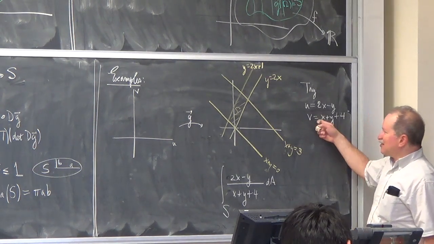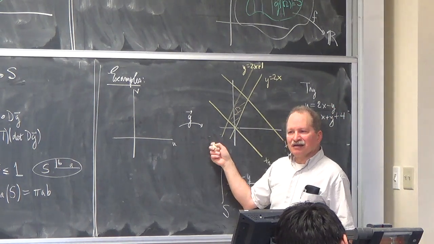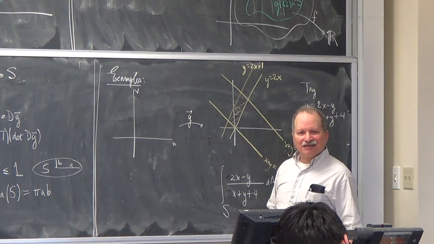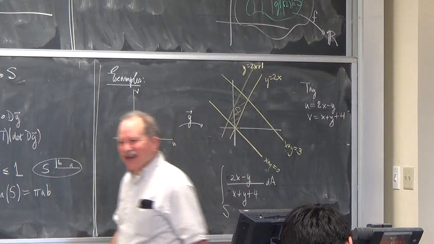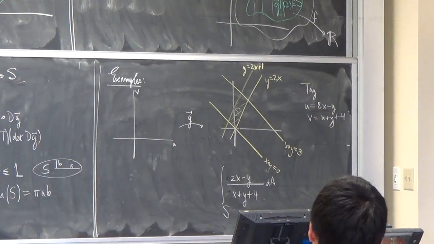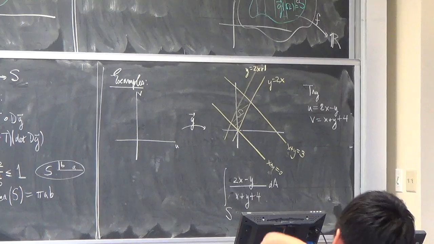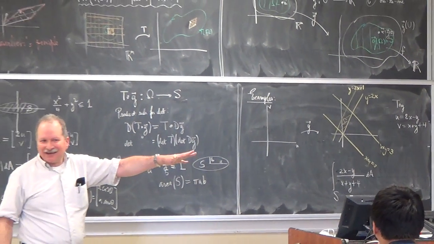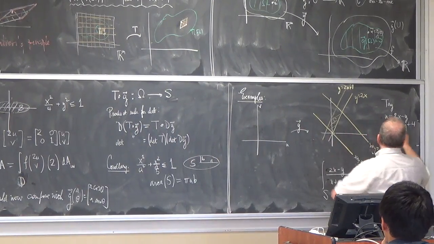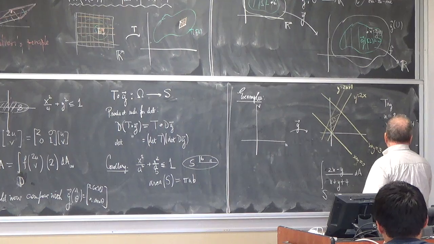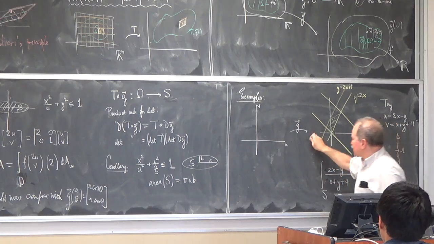But now notice, by making this substitution, am I giving you the mapping from uv to xy? No, I'm going the other way. When I write this down, I'm actually giving you G inverse. I'm saying what u and v are in terms of x and y. So that's going this way.